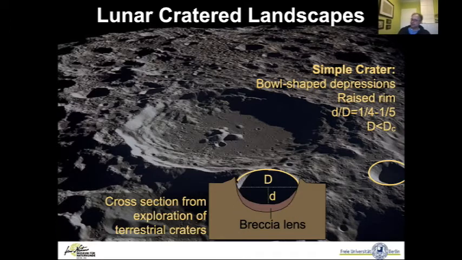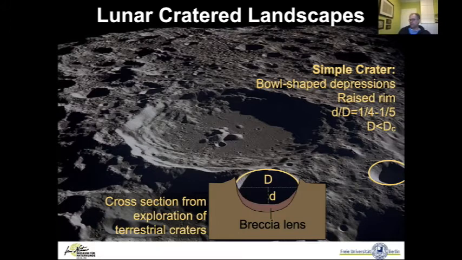Apart from the surface expression, where you have this raised rim and so on, we see that the inner part of the crater is filled with what we call a breccia lens. Inside this breccia lens, you may also find molten rock lenses. But that's something we would only know from studying craters on Earth. This is nothing we can see directly on the moon, but we expect that this is also collapsed material that was flowing into the crater somehow during the crater formation process.